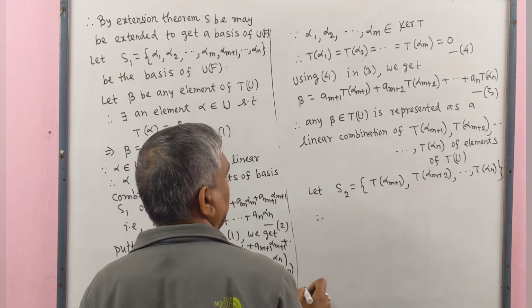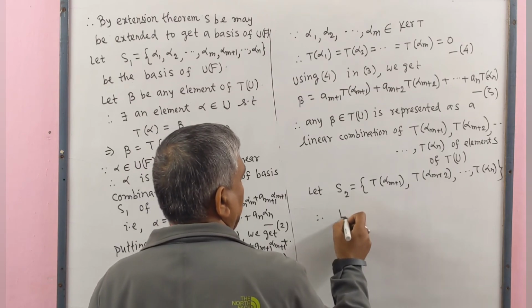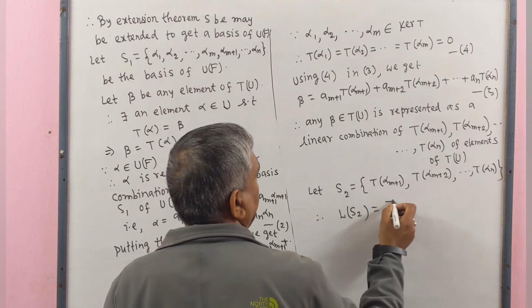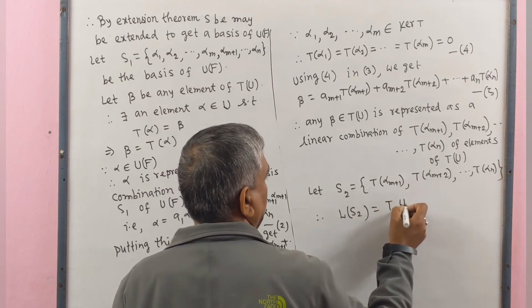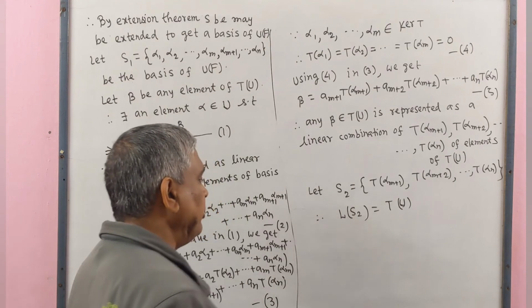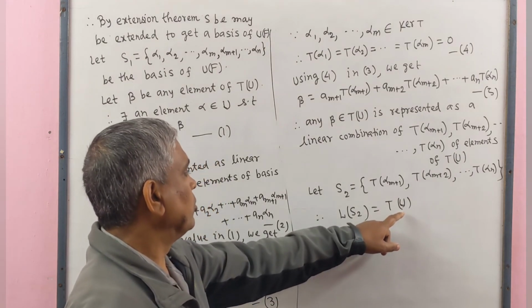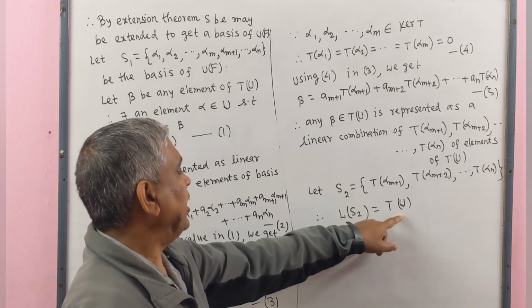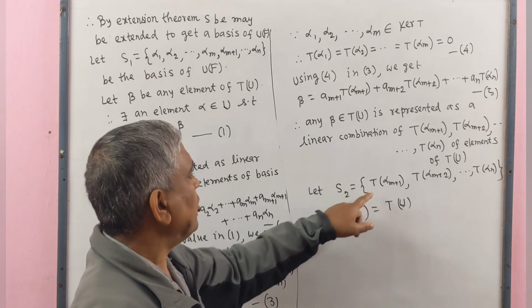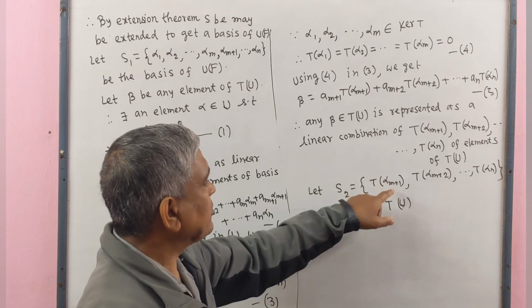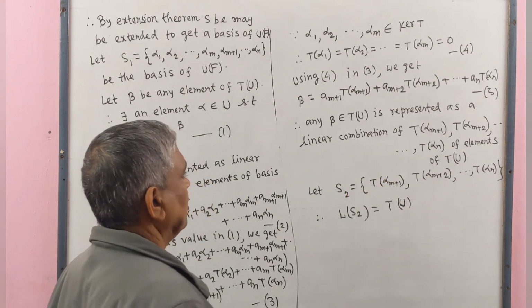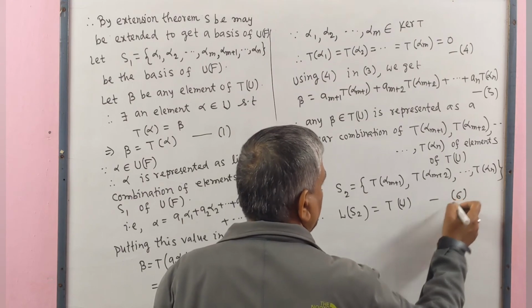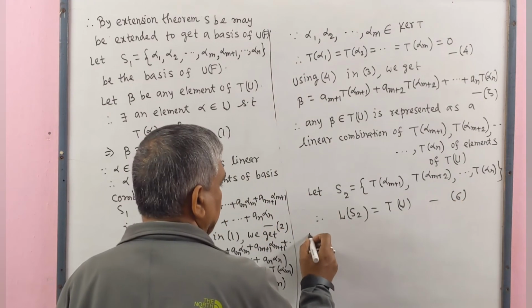Therefore, S2 generates T(U). That means any element of T(U) is represented as a linear combination of elements of S2. This is number 6.